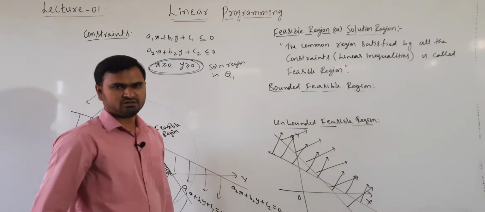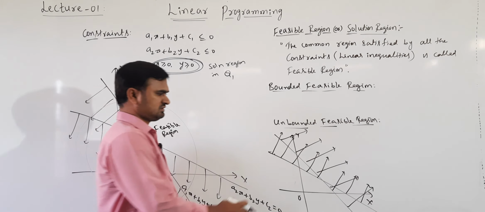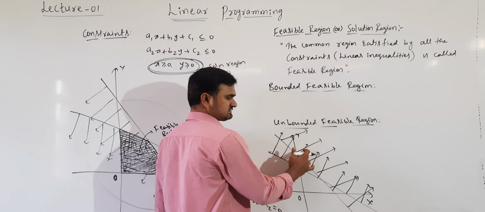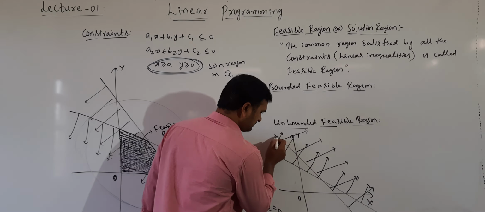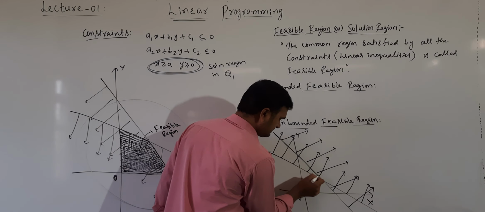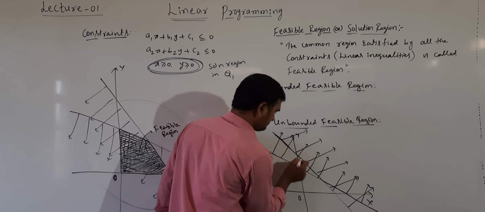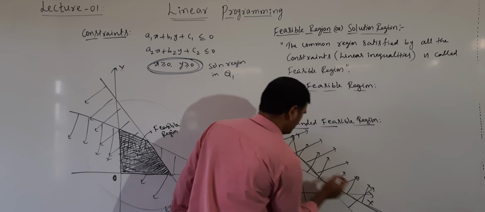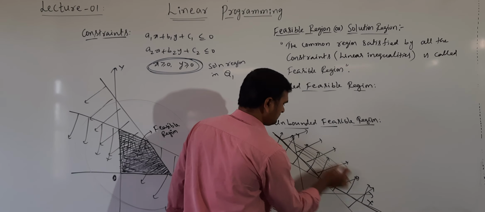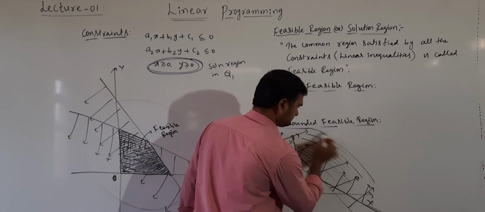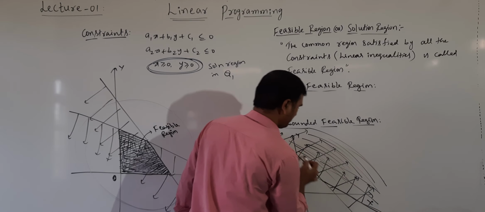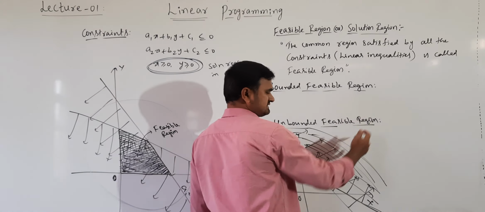Now observe, what is the common region here? Above the first line and above the second line, this will be the common region. So all this region will be the feasible region. We can shade all this region.